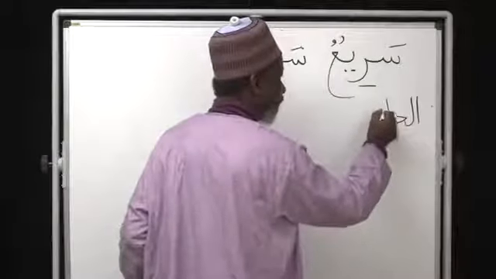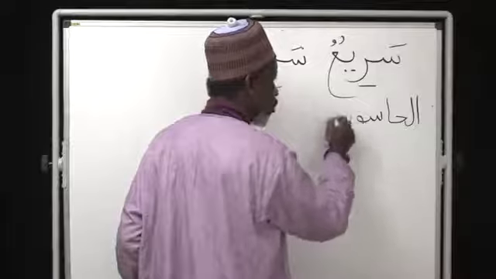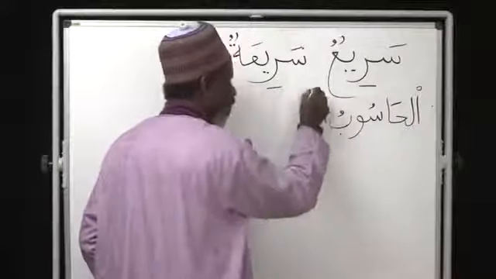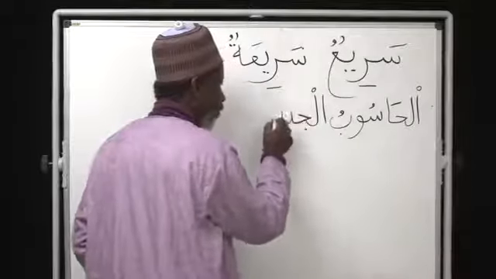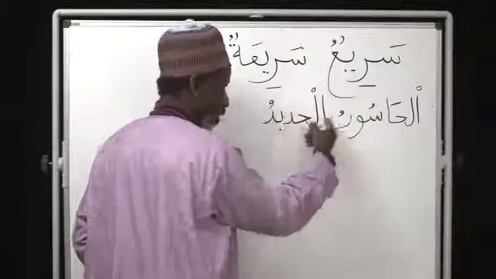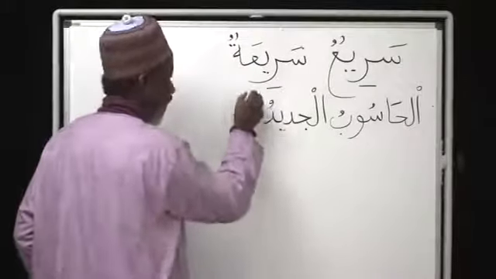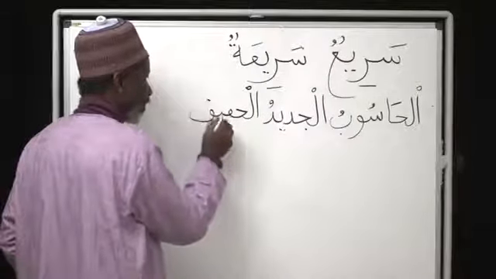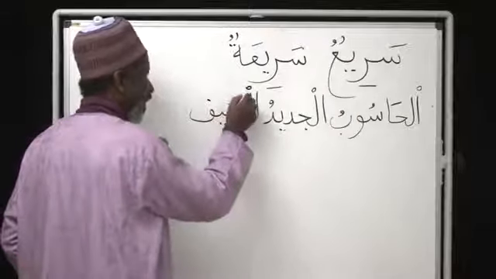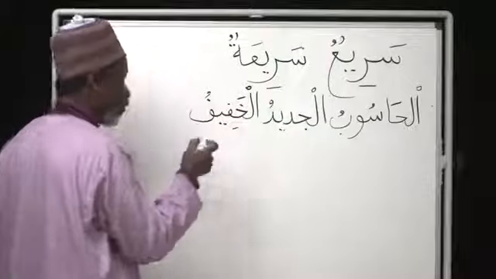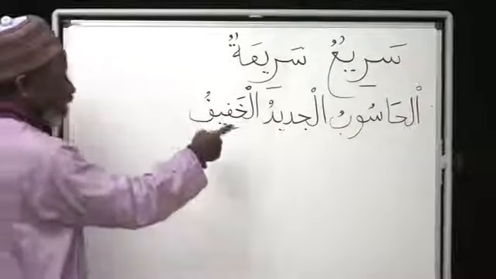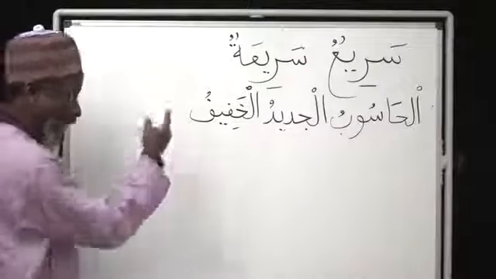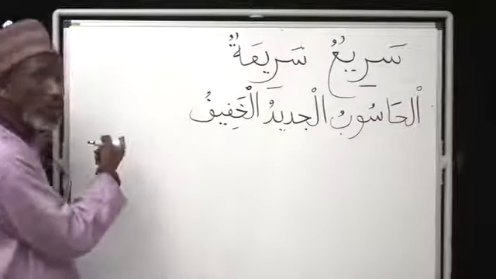Al-hasubu, start with the noun. Al-hasubu al-jadidu, that's the new computer. Al-khafifu, that means light. So far, the new light computer is, we drop the L and then we tell the news.